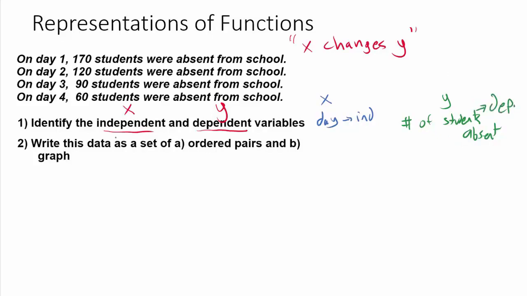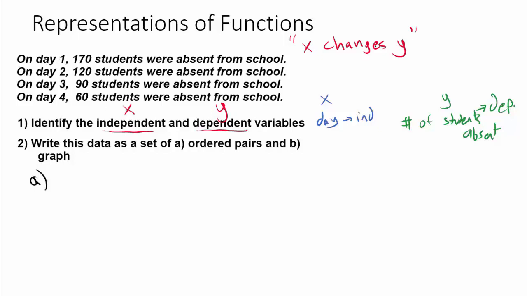Now, if we're writing this data in a few of these multiple representations, we'll start with ordered pairs. To write this as a set of ordered pairs, what we first need to recognize is they could have told us this in any order. They could have said there were 170 students absent on day 1. Instead, they said on day 1 there were 170 students absent.